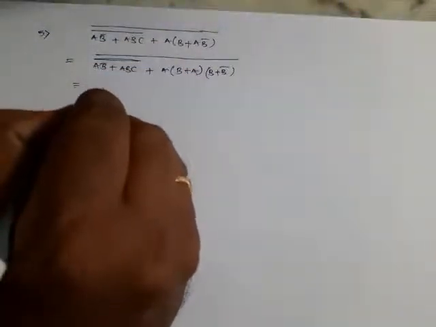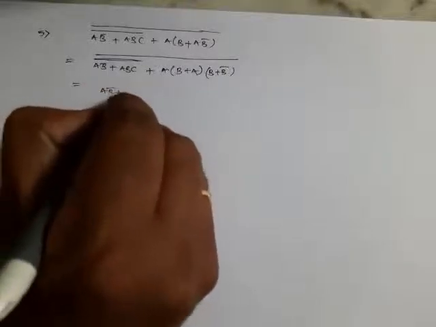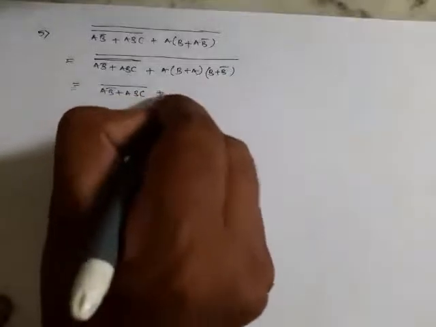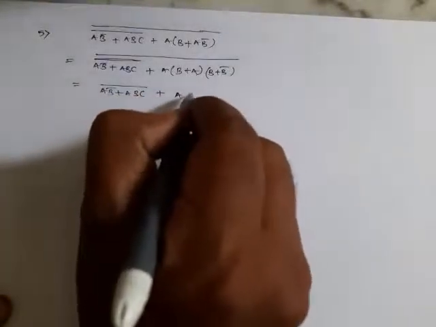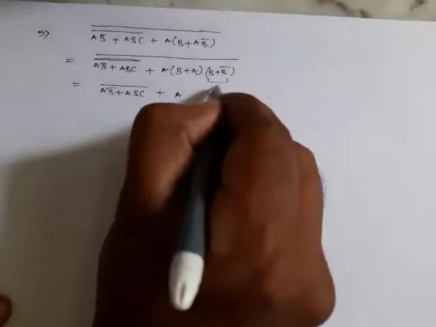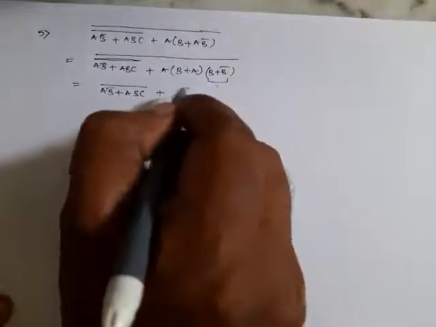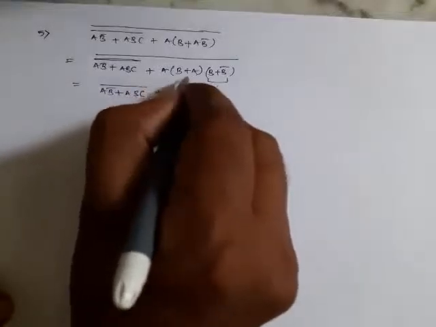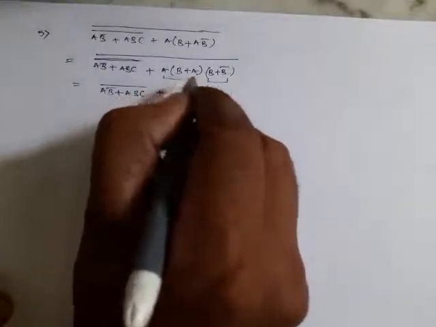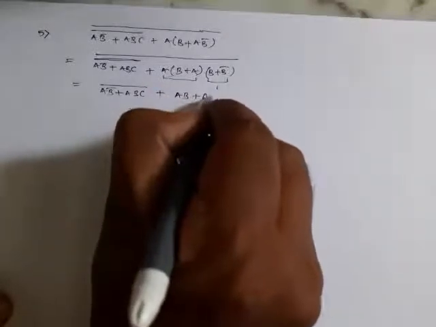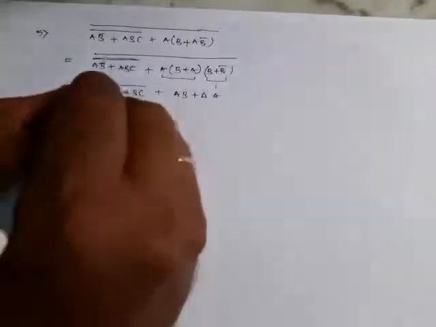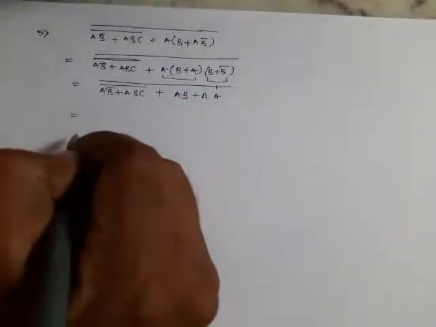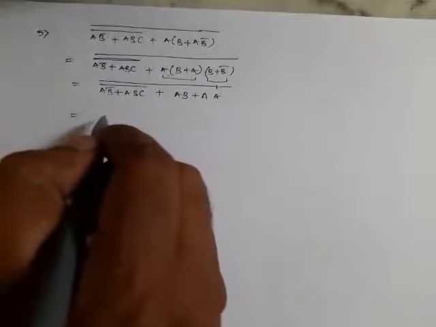And this you can see that AB bar plus ABC whole bar, and this becomes A, and this becomes 1, and this is AB, and again use the distributive law. AB plus this is A dot A, and there is a whole bar.